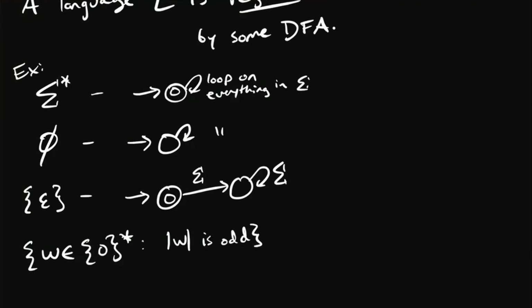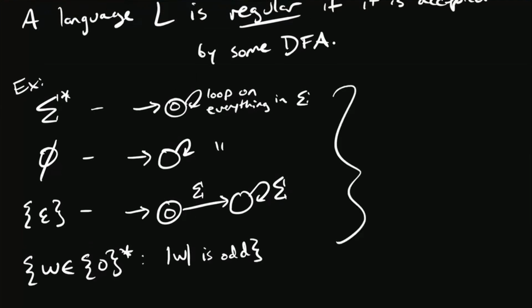But how is the second one's language related to the first one? It's the exact opposite. It's the complement of that language. But we're going to get to that soon. So all of these are regular because there's a DFA for them.